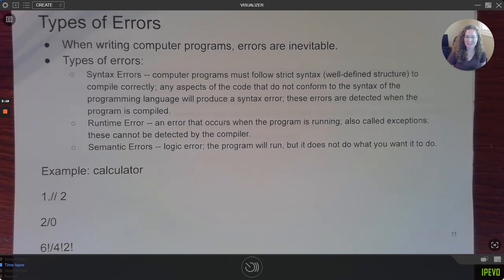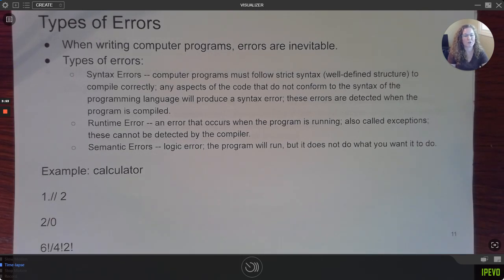And then semantic errors. These are the trickiest ones to find because the compiler can't find them and your program doesn't crash. A semantic error is really an error in the way that you designed the program, like you solved the problem, the solution to whatever you were trying to do, incorrectly. So there's an error in your logic and the way that you tried to solve the problem. Your program runs, but it doesn't do what you expected it to do.